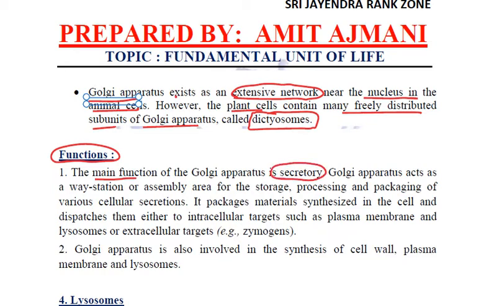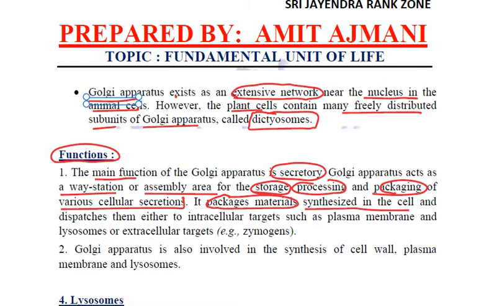They act as a way station or assembly area for the storage, for the processing, and for packaging of various cellular secretions. One of the most important functions of Golgi apparatus is that it packages the materials which are synthesized in the cell and dispatches them either to intracellular targets such as plasma membrane and lysosomes, or even the extracellular targets like the zymogens.